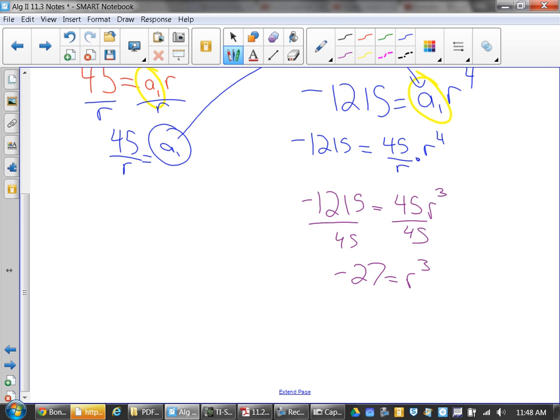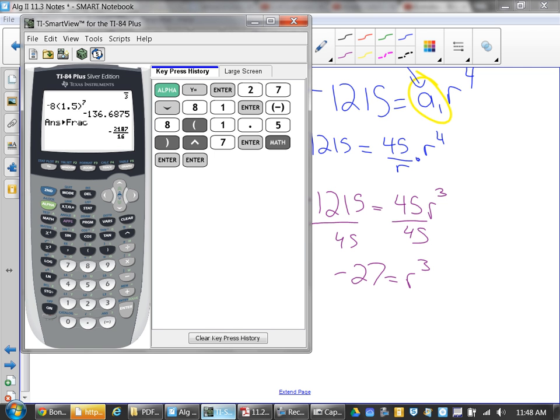If you had to undo squaring, you would take the square root. If you have to undo cubing, you have to take the cube root. If you have to undo the 4th power, or the 8th power, you'd have to take the root, which means you have to remember where the button is on your calculator. Go back to the calculator, hit the button that says math.